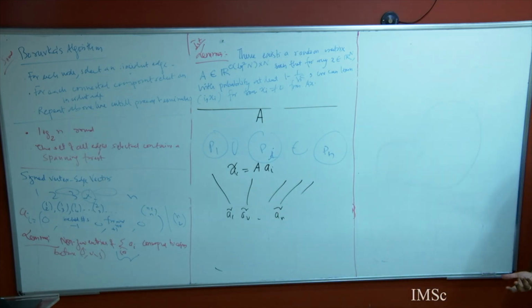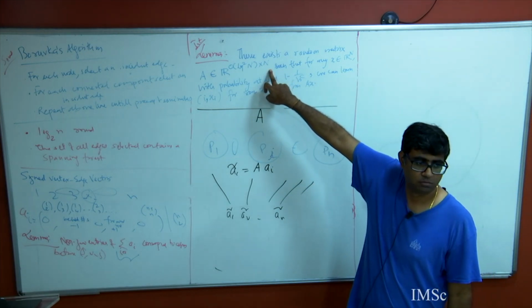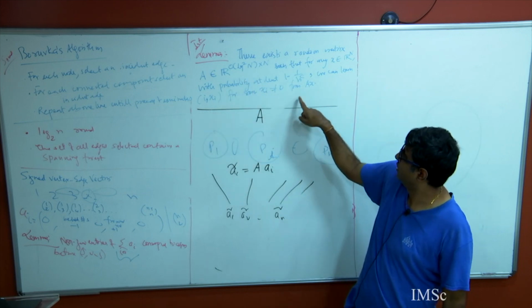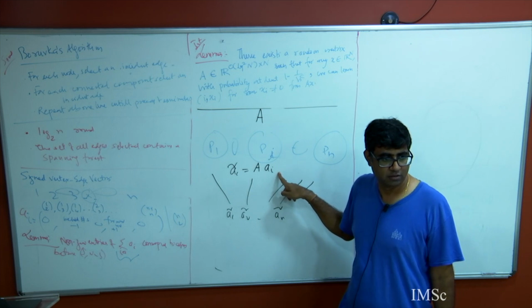How many bits of information have I passed? Polylog n bits, because each A_i tilde has polylog size. N is n choose 2, so log squared of n choose 2. I have multiplied A by x, and I'm sending you A x_i.